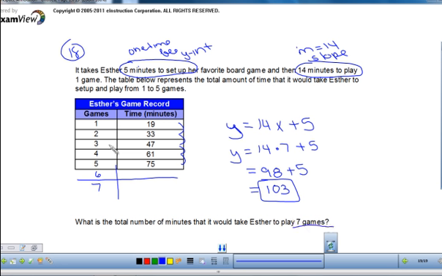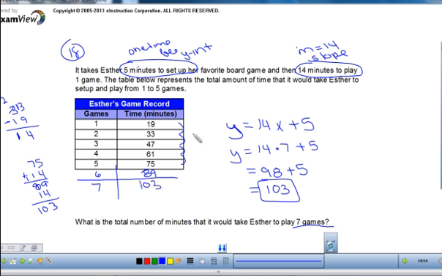And you could have done this with the table, just figured out that each number is increasing, right? And you can subtract 33, subtract 19. So each number is increasing by 14. So 75 plus 14 would be 89. And then if we add another 14, it would be 103.